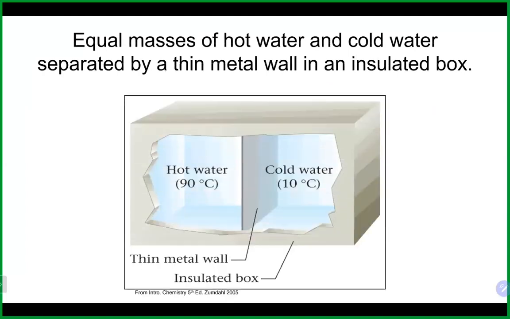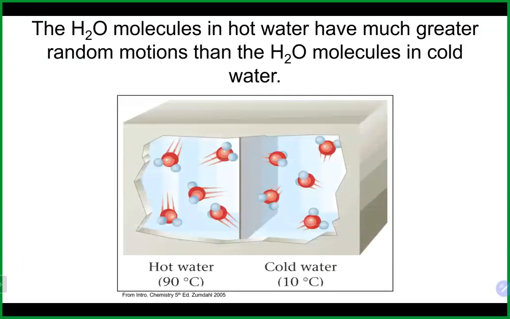So here's an example of what we were talking about, some pictures from your book. Again, the flow of heat and energy will go from hot to cold. In this case, if we have two different temperatures of water in an isolated container, the hot water side will transfer energy over to the cold, and the cold side will pick up some more energy, which will make those water molecules move a little bit faster.